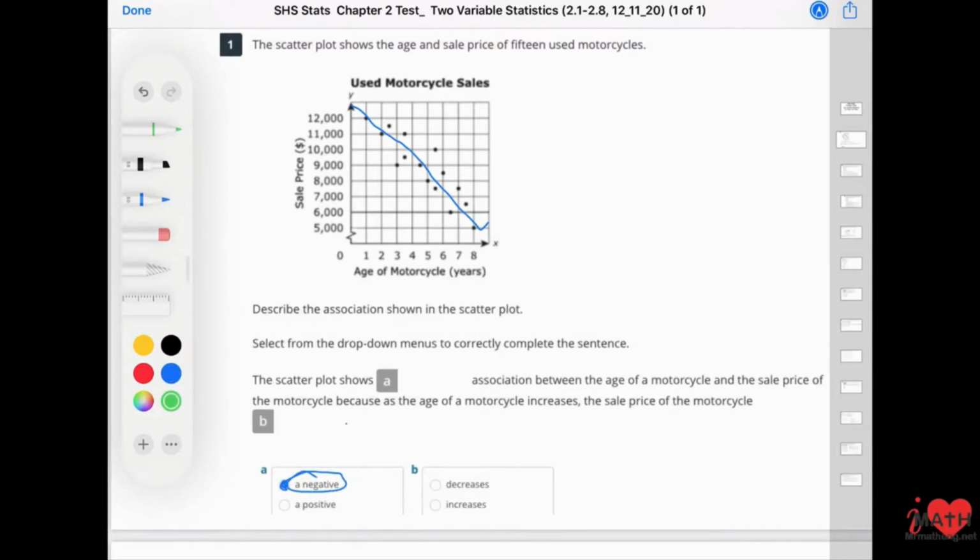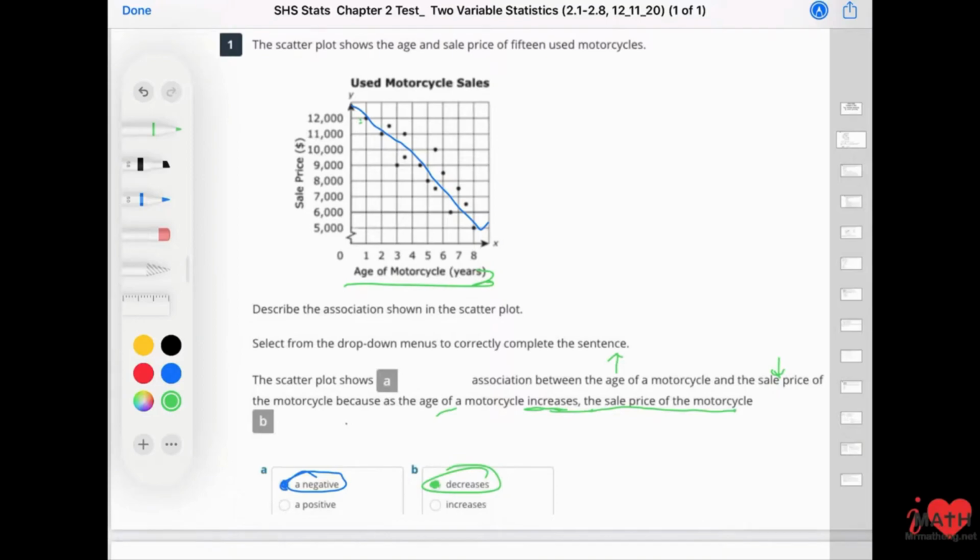And the association between the age of the motorcycles and the sale price: I notice as I go towards the right, as the age of the motorcycle increases, the sale price is decreasing, meaning the numbers are going down as I go towards the right. This is decreasing. As the age of the motorcycle increases, the price of the motorcycle decreases.